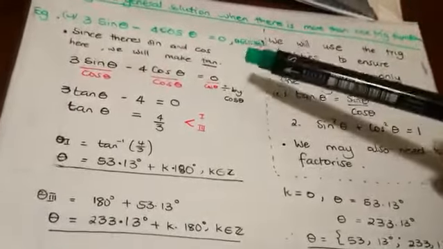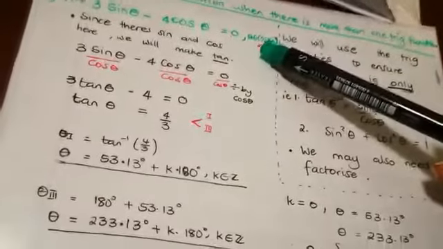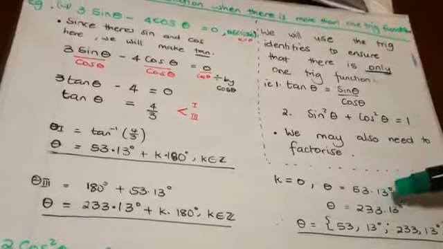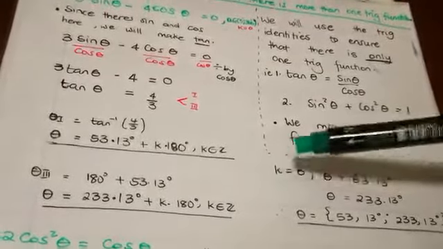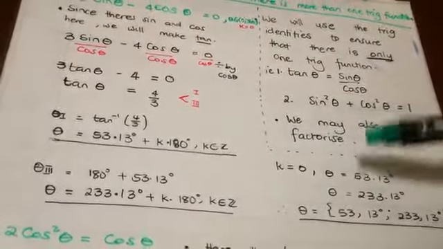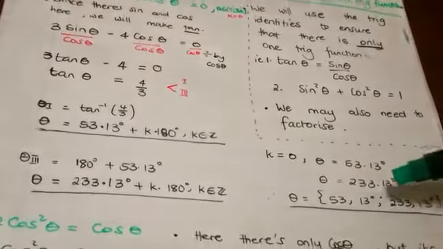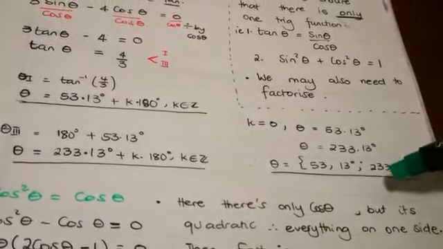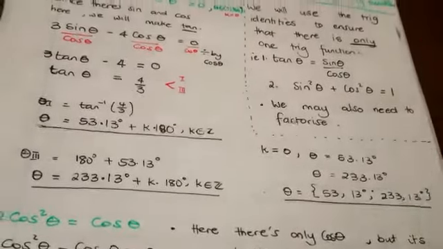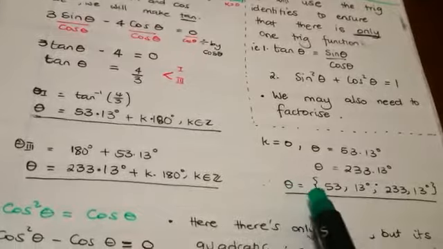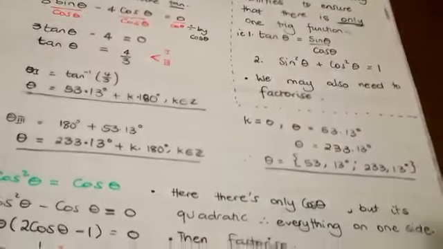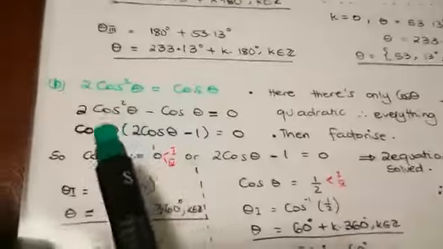Because we were told that the restriction is 0 to 360, we are using k equals 0. There's no repetition, so we are just working within those 4 quadrants. So our answers are just 53.13 and 233.13. Remember, if you are given the restriction, you have to get to this point where you are listing your values.